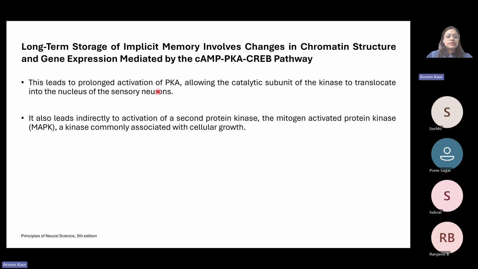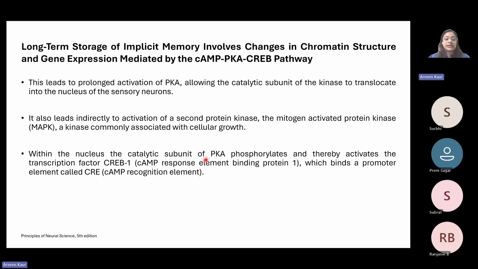So this leads to prolonged activation of protein kinase A, allowing the catalytic subunit of the kinase to translocate into the nucleus of the sensory neurons. It also leads indirectly to activation of a second protein kinase, mitogen activated protein kinase or MAPK, a kinase commonly associated with cellular growth.